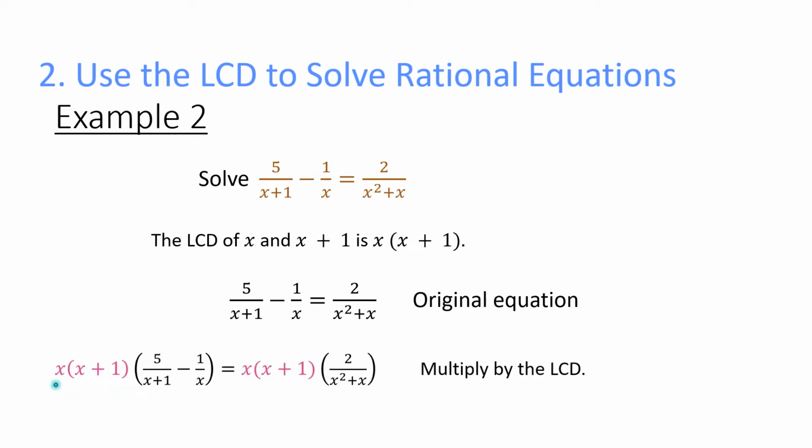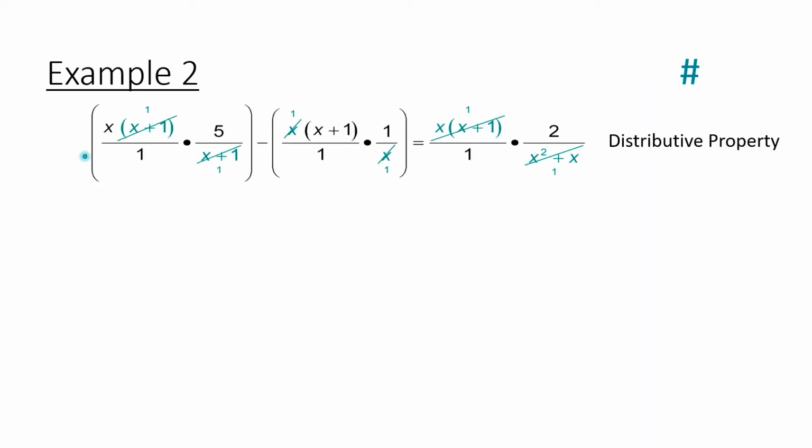That is x times x plus 1 multiplied by 5 over x plus 1 minus 1 over x equals x times x plus 1 times 2 over x squared plus x. Next, we have to apply the distributive property. That is, we need to multiply each term inside the bracket by the term outside the bracket. So we get this step.